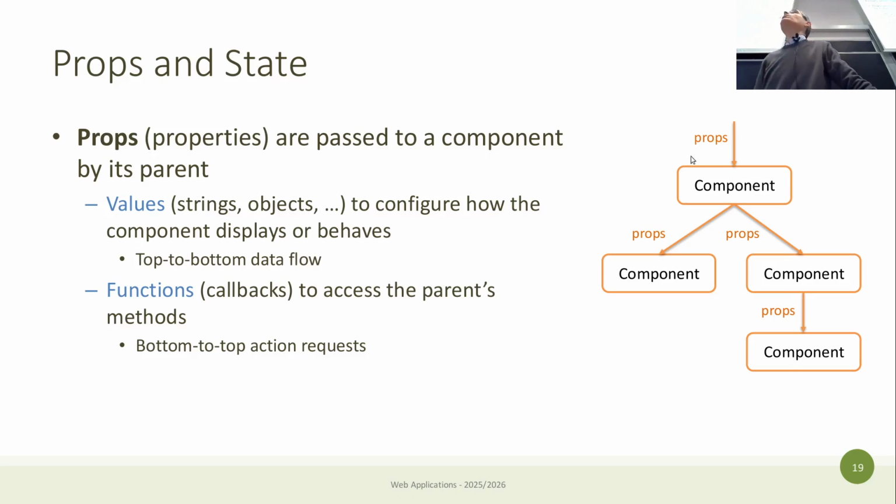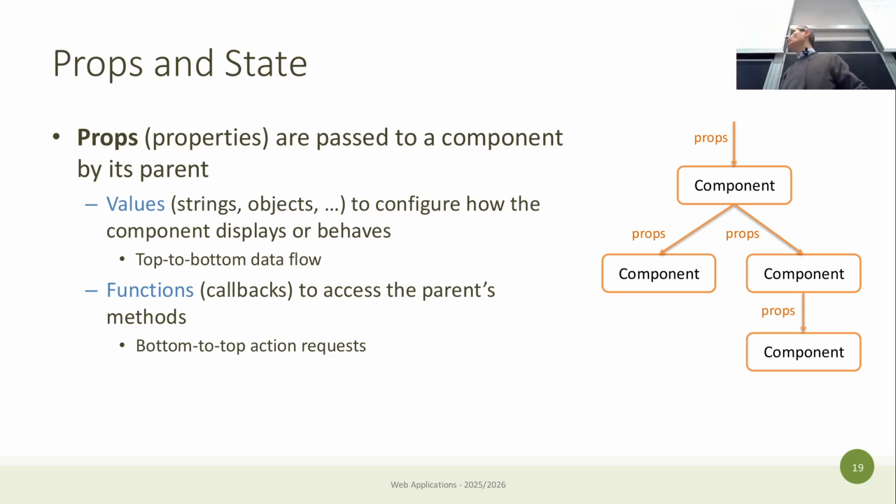Anything can be passed as props. Props are JavaScript objects, so they have attributes, keys, and values. Values can be any valid JavaScript value. It can be a string, a number, an array, another object, or even a function. We will pass functions as props as well.